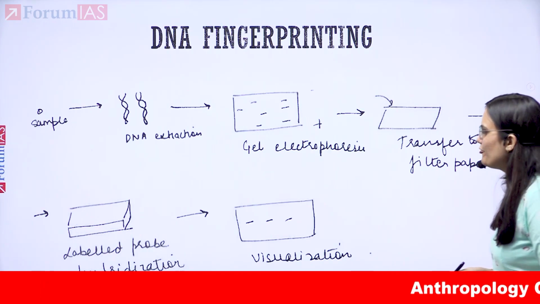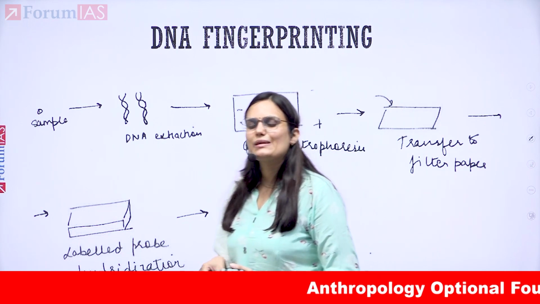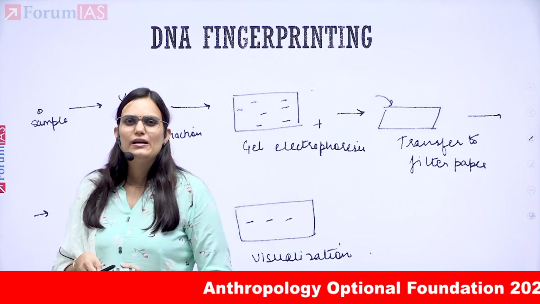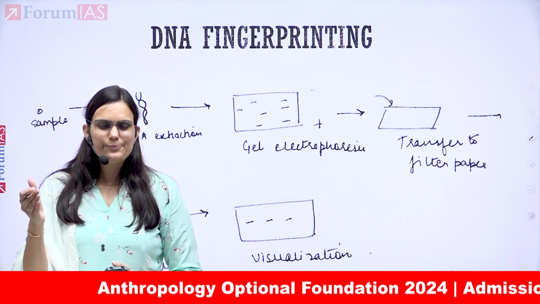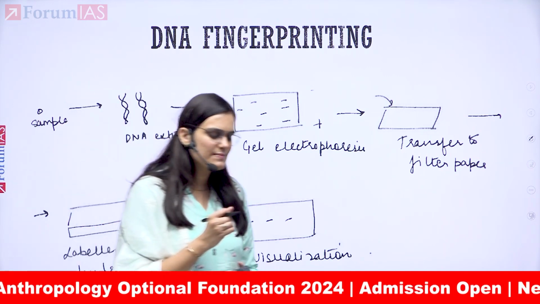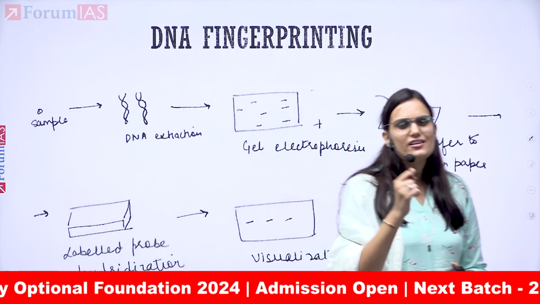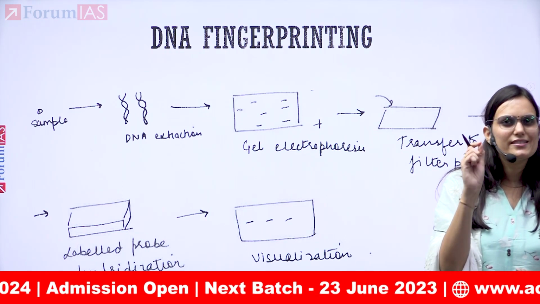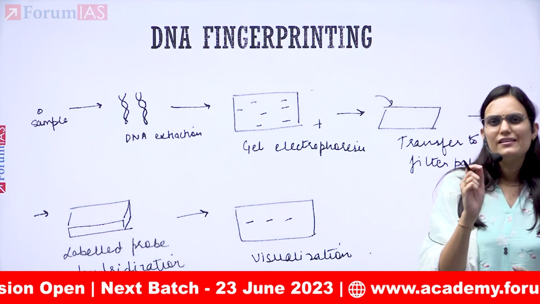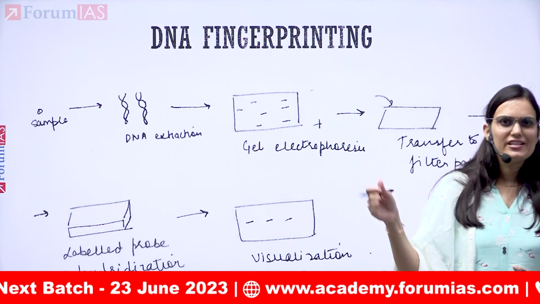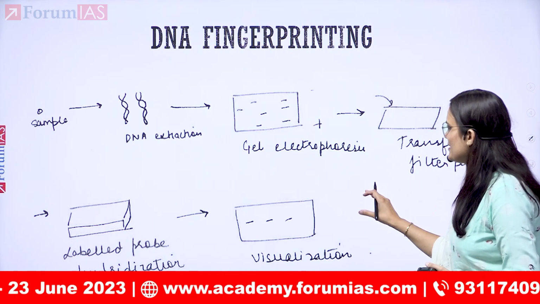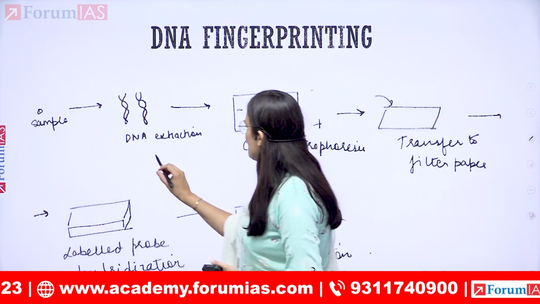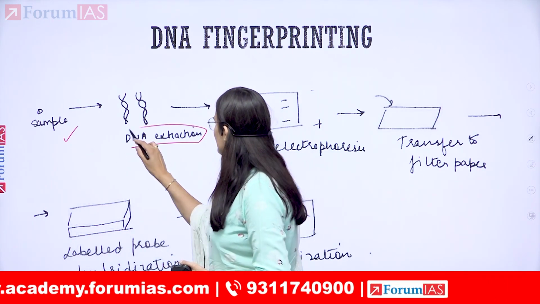This is a flowchart cum diagrammatic representation of DNA fingerprinting and the gel electrophoresis method, which you all have done in school, where we have to analyze a particular extracted DNA sample by running it on a screen after the electrophoresis method is completed. So now you can see we have a sample from where DNA extraction is done.